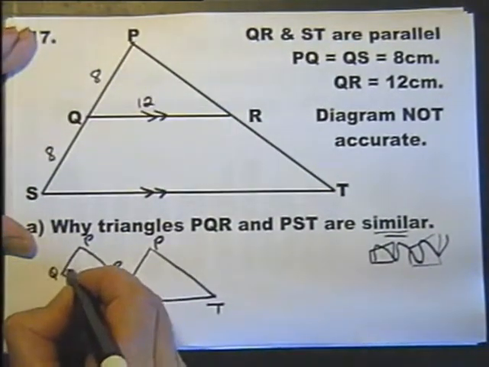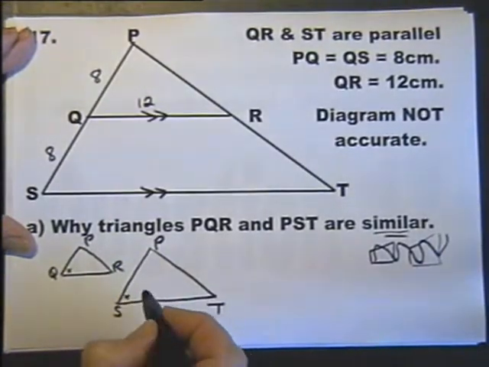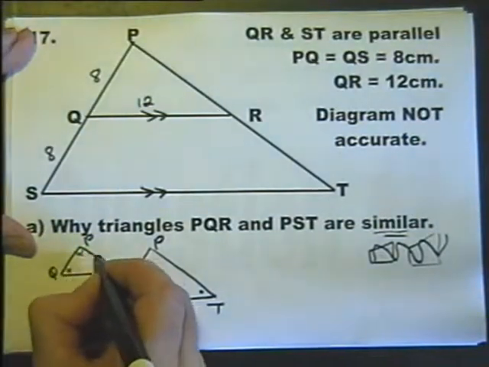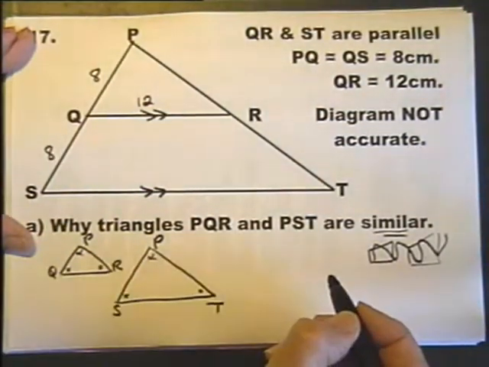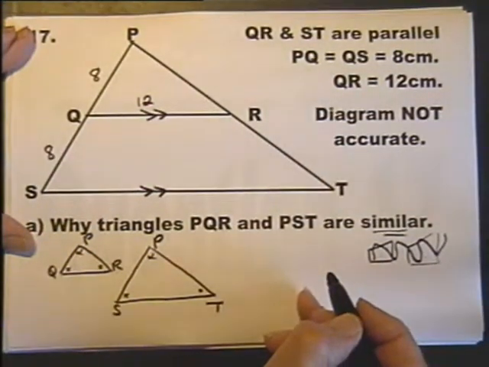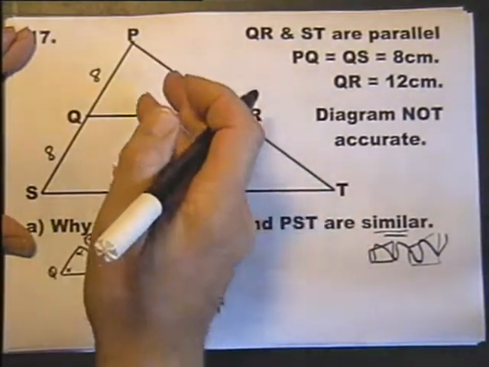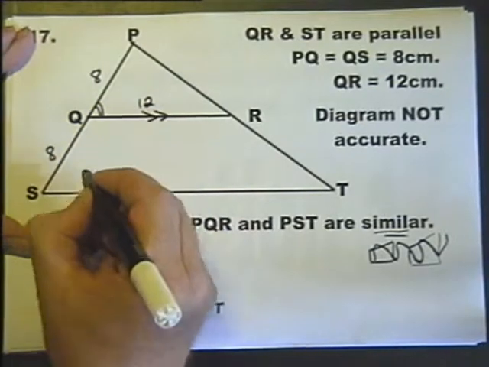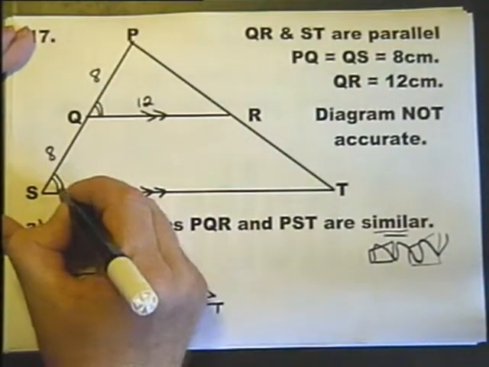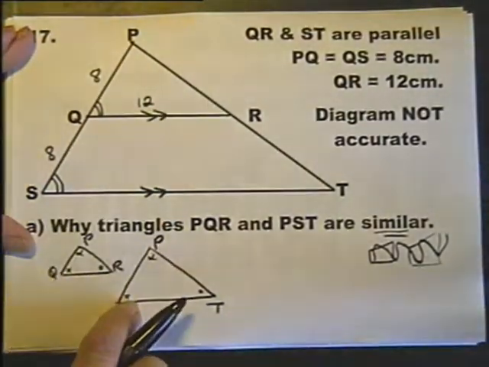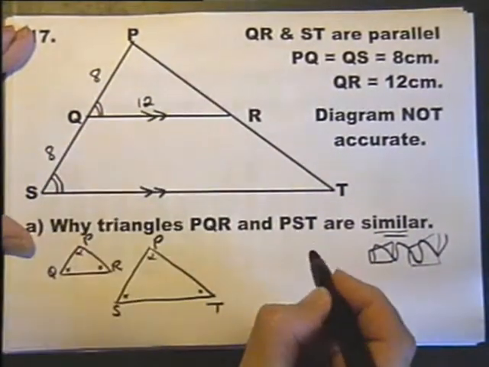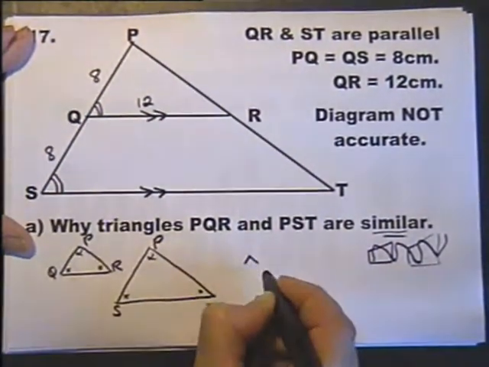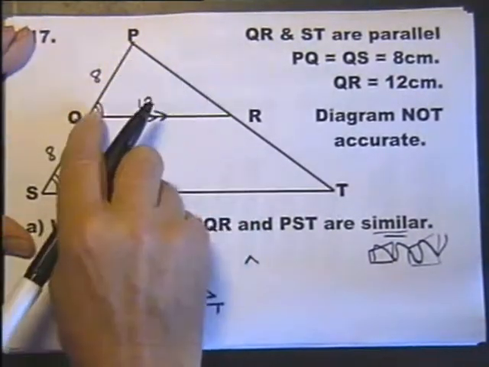So, why are these two triangles similar? I need to prove that this angle equals that angle, and so on. We're back to parallel lines. Looking at this diagram, this angle equals this angle because they're corresponding. Let's write that down. Shorthand for angle is to put a symbol above the three letters.